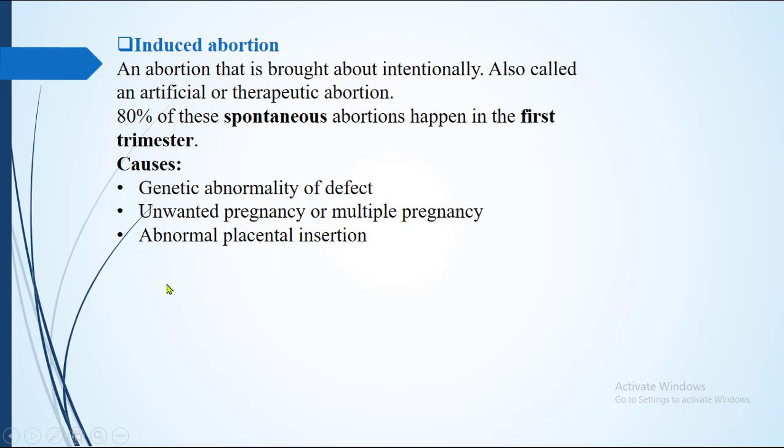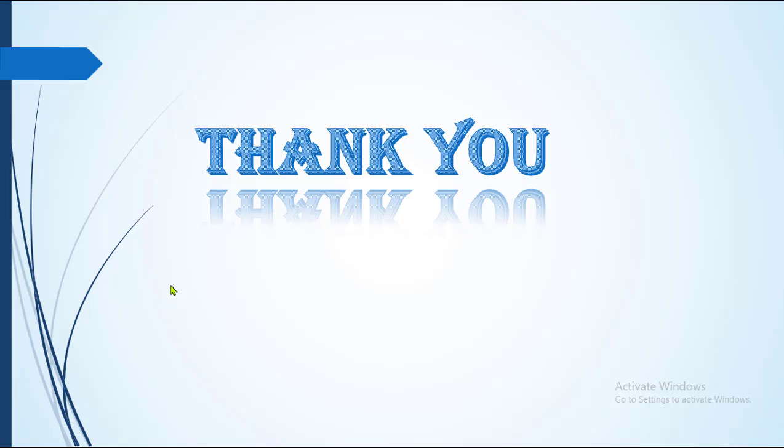And abnormal placental insertion: if the placenta is not inserted in a proper place, that can also result in abortion, that can compel the parents to abort. So these were the causes of abortions.